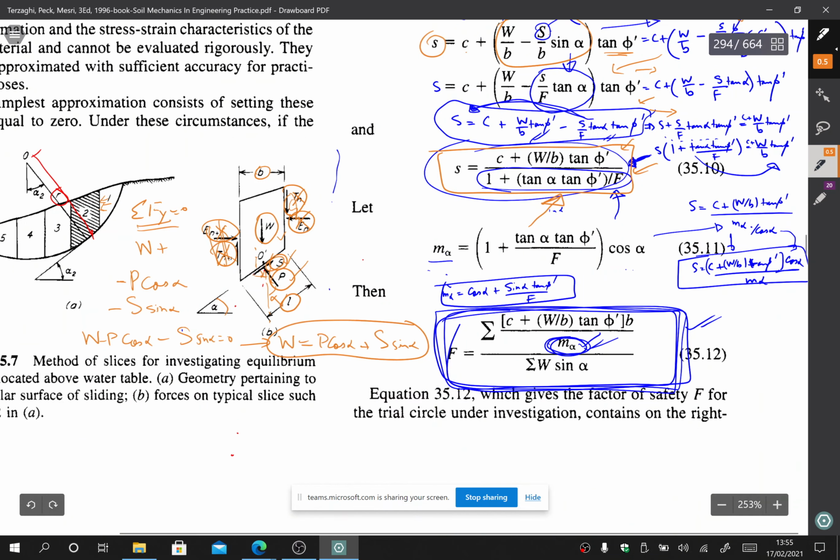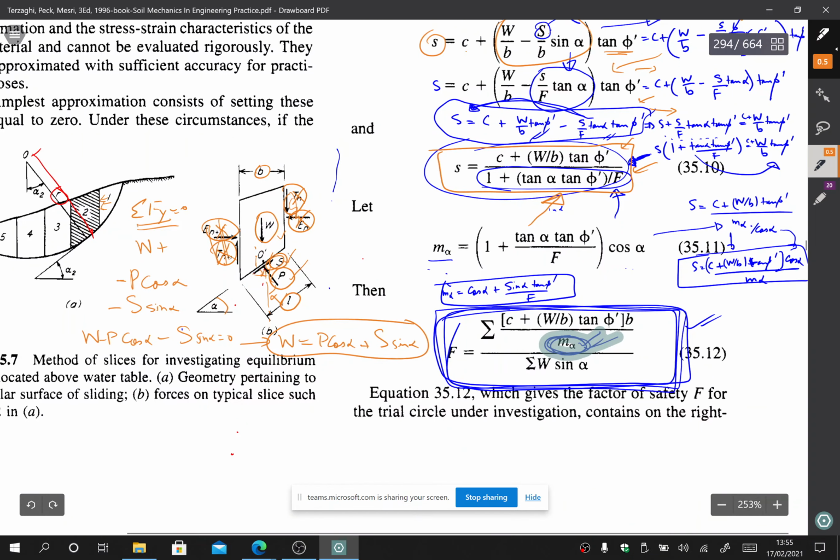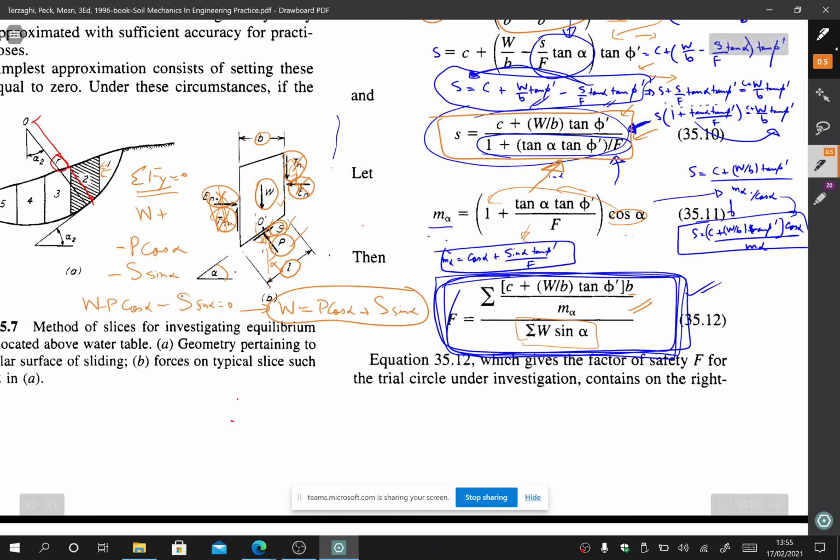So we have a simplified form of the factor of safety in terms of M alpha as indicated here, that is equal to summation of cohesion plus W over B tan phi dash into B over M alpha, over summation of W sine of alpha. Okay, and M alpha can also be written in this form if you multiply this by cos alpha for both terms. So it will be equal to cos alpha plus sine alpha tan phi dash over factor of safety.